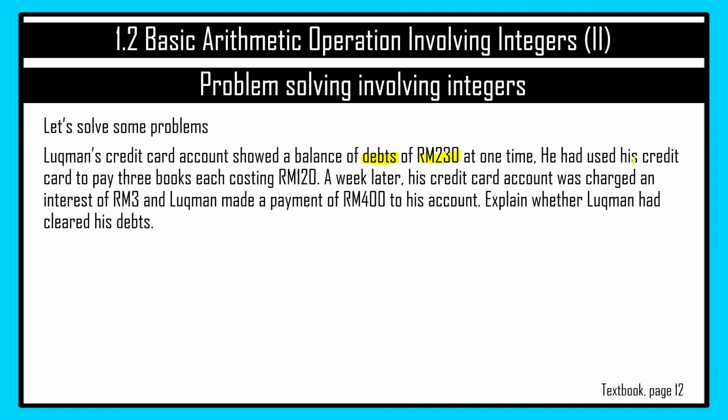He had used his credit card to pay for 3 books, each costing 120. A week later, his credit card account was charged with an interest of RM3. And Lokman made his payment of 400 ringgit. Now explain, has Lokman cleared his debt? Now we see, does he still have any remaining money inside the credit card, or has he paid it all?